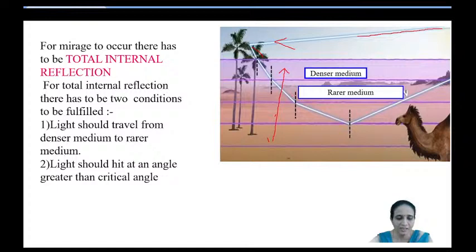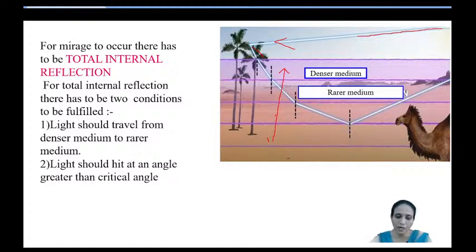You will see that the ray of light keeps on bending away from the normal. Every time the light travels from the denser medium to the rarer medium, the light will bend away from the normal. So at each layer, light is bending away from the normal.